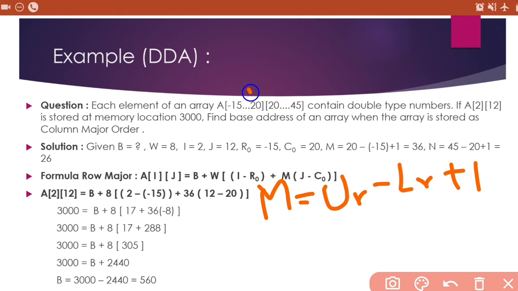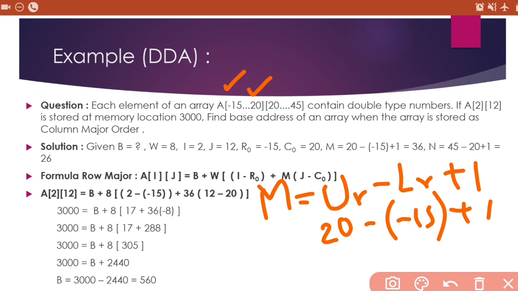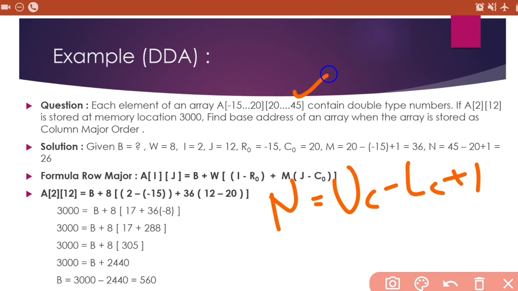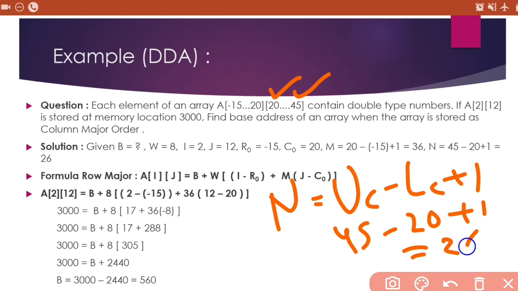Upper row is 20, lower row is 15. 20 minus 15 plus 1, that's why we are getting 36. And N is upper column minus lower column plus 1. Upper column is 45, lower column is 20. 45 minus 20 plus 1, we are getting 26.